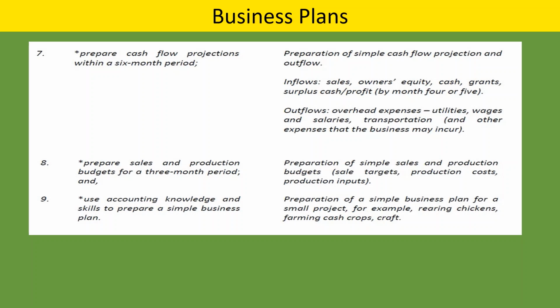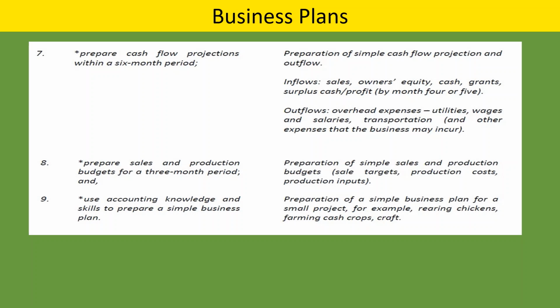Prepare sales and production budgets for a 3-month period and use accounting knowledge and skills to prepare a simple business plan. The format and presentation of the business plan is given again in one of my videos on the business plan. You can look at it, and you must be given the data, and from the data you can write up the plan. Make sure you get the headings right.